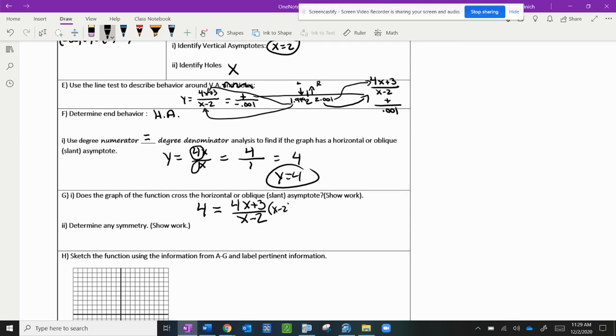So I'm going to multiply by my denominator. I'm going to distribute my 4. And I get 4x minus 8 is equal to 4x plus 3. Now I'm going to move my x's over, and I know right away they both cancel out. So this equation is telling you there exists no x value for which my y value is 4. So this does not cross.